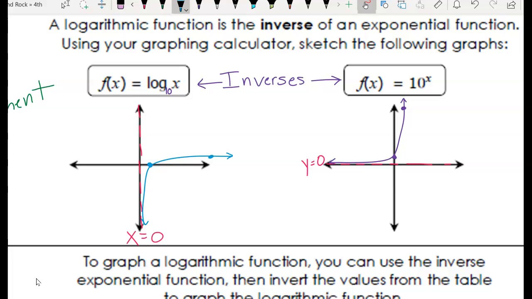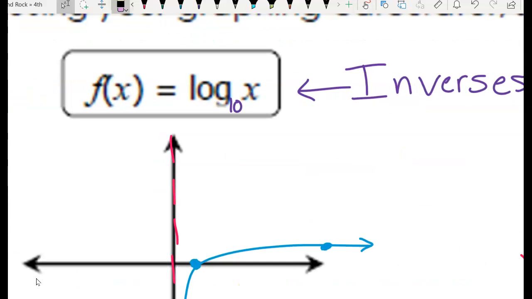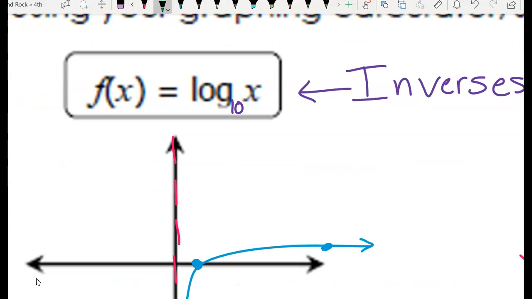Now, we still haven't really talked about what log is, and this is the part I love. If I'm looking at a log, all that it is, is an operation. It's asking a question. Way back when log was created, and yes, log was created, mathematicians, as we know, or as we should know, are lazy.